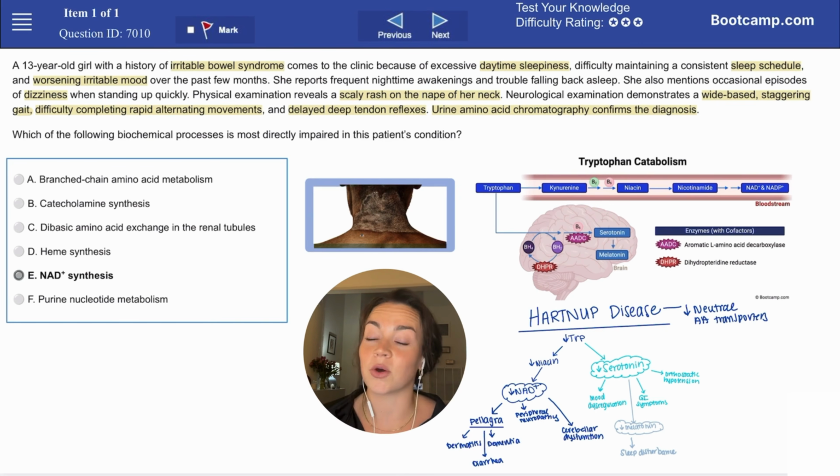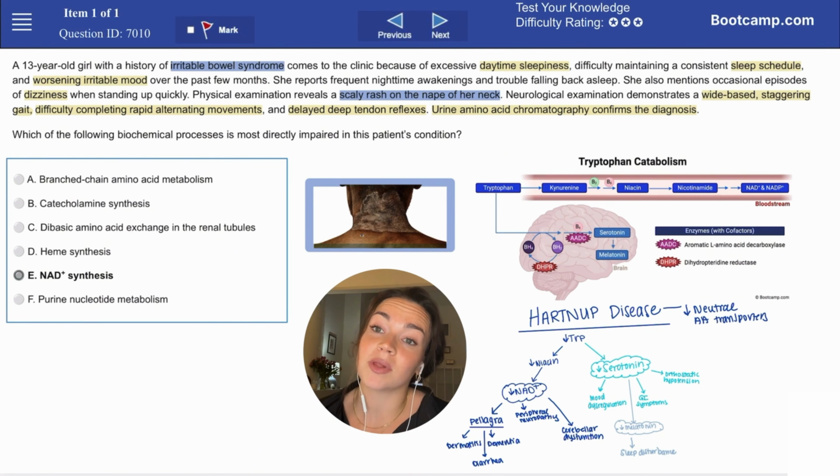That's why you get this photosensitive, scaly rash, especially in that cape-like distribution. And sure enough, our patient had that. That's one of the features of pellagra. The diarrhea we see because NAD+ is involved in upholding the integrity of the intestinal epithelia. Without NAD+, you can get mucosal atrophy, and that can lead to malabsorption and diarrhea. That could be one of the reasons why our patient was diagnosed with irritable bowel syndrome.